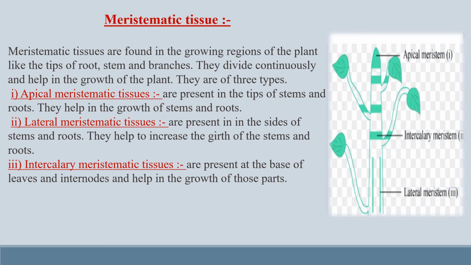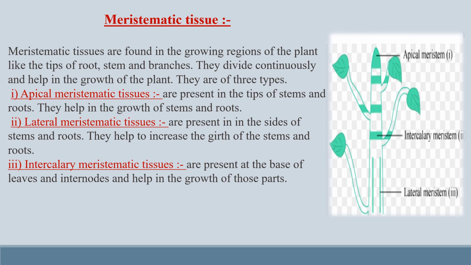In this picture you can see the position of different meristematic tissues in the plant. In this you can see the topmost part of the plant has the apical meristematic tissue, which helps in increasing the height.